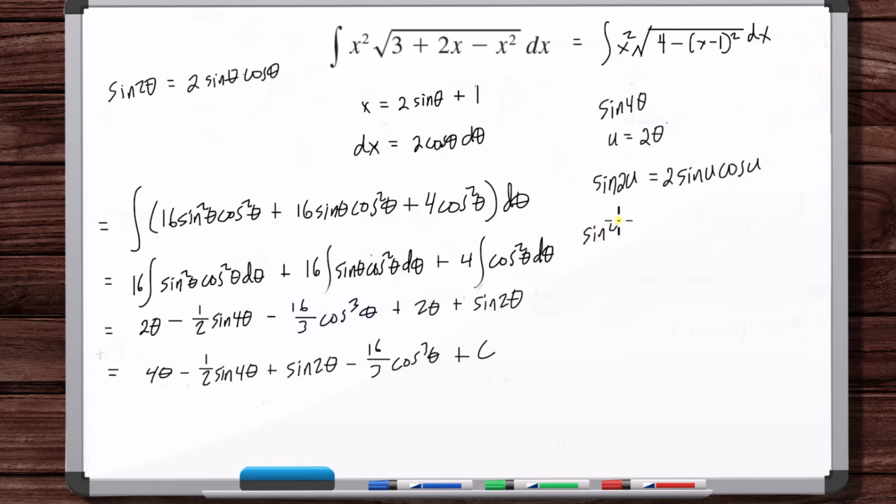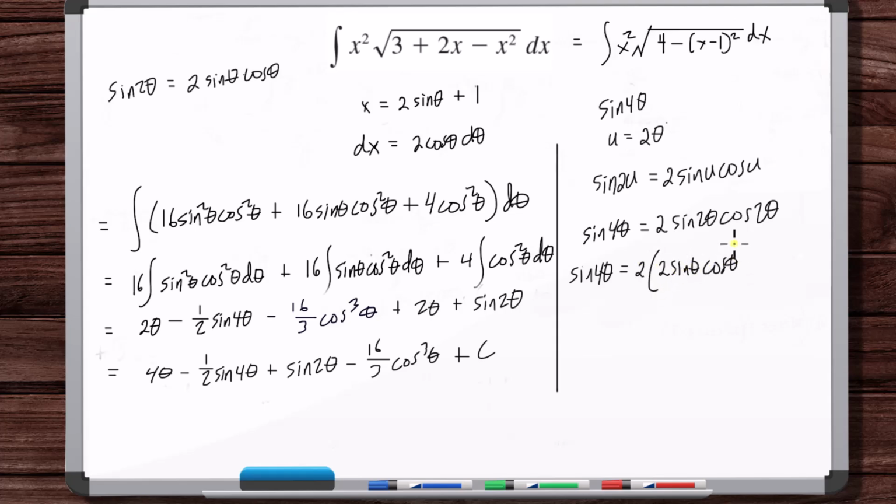So sine of 4 theta is 2 sine of 2 theta cosine of 2 theta. Okay, so sine of 4 theta is equal to 2 times 2 sine theta cosine theta. And let's just leave this as cosine 2 theta for now.